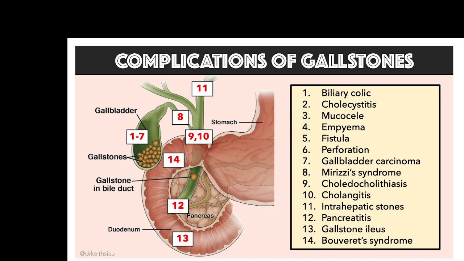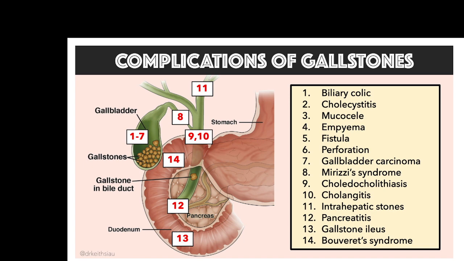Another theory is that a stone persisting for a long duration can result in metaplasia and can be a cause for gallbladder carcinoma, but the incidence is only around 5 to 10%. Still it's a controversial issue, and most of the time the recommendation for cholecystectomy in an asymptomatic patient is made with the idea of preventing possible carcinoma.